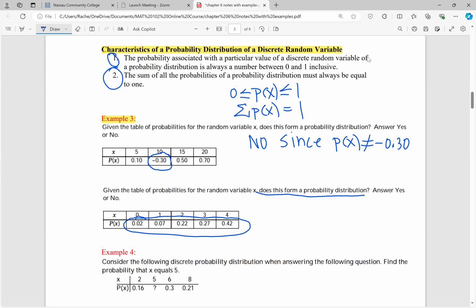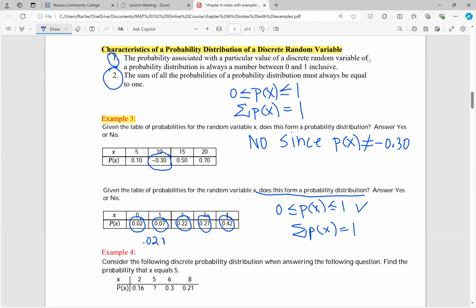Now we just have to make sure that when we sum up all the probabilities that they add up to 1. So if I were to add up 0.02 plus 0.07 plus 0.22 plus 0.27 plus 0.42, they do add up to 1. And you guys could check that yourself on the calculator.